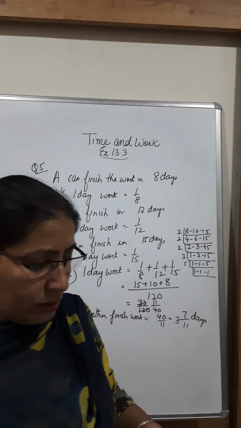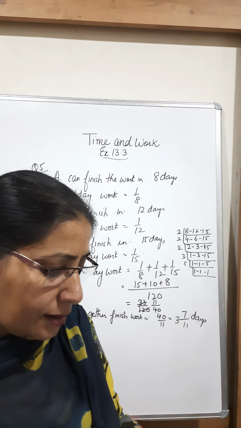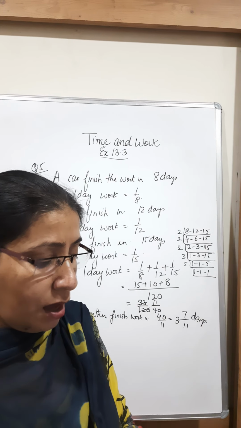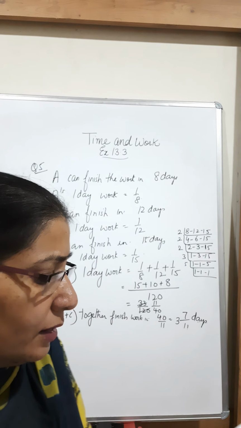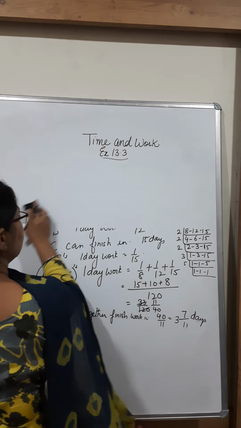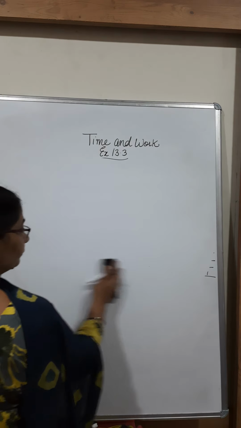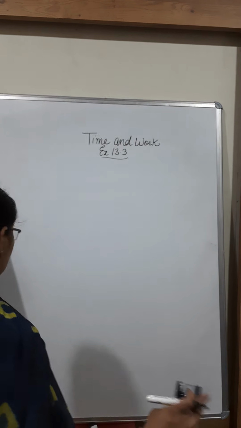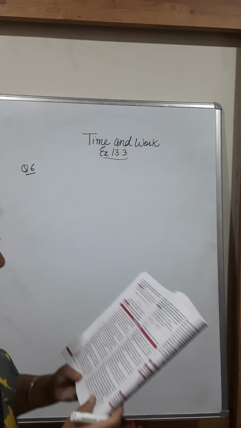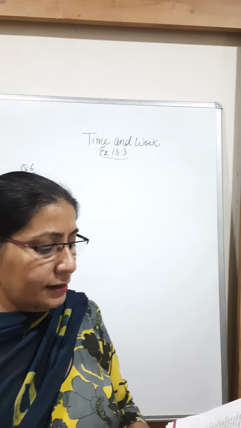Similarly, beta, sixth question. A, B, C working together can do the work in 8 hours. Now what is happening here? If A, B, C are working together, they can do the work in 8 hours. So first of all, question number 6: A, B and C working together can do a piece of work in 8 hours.